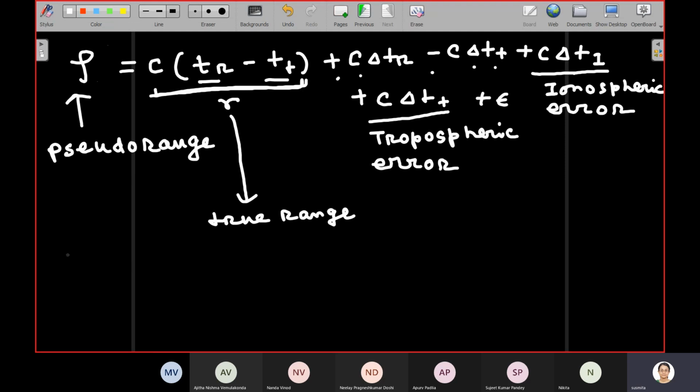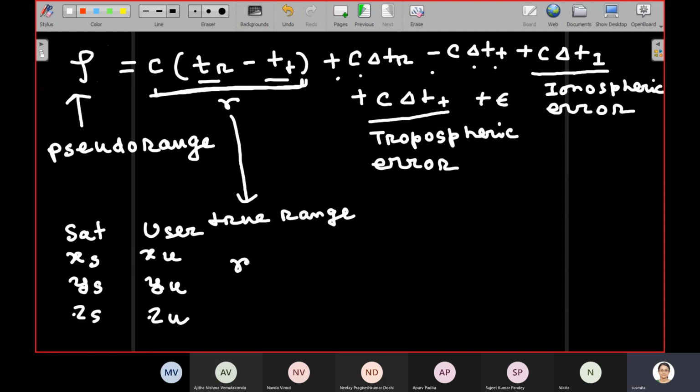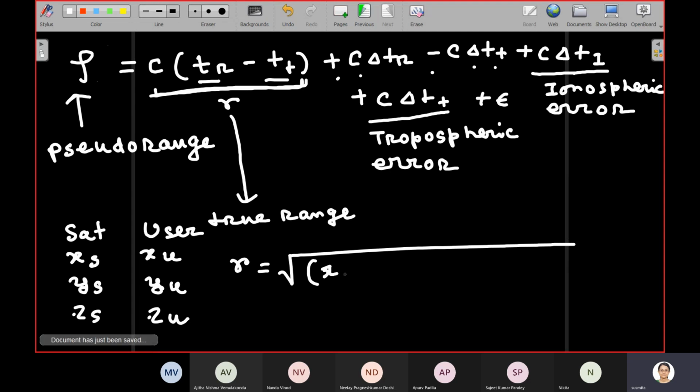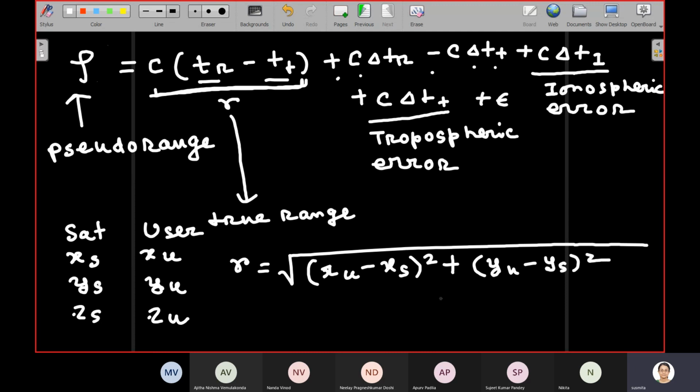If we say xs, ys, zs are satellite coordinates, and xu, yu, zu are user coordinates, this geometric range we can write as the square root of (xu minus xs) squared plus and so on.